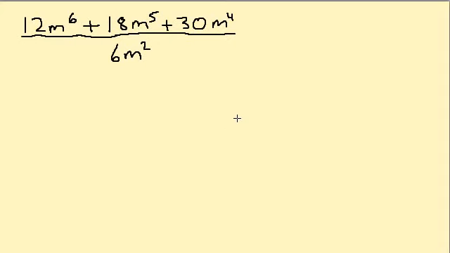Alright, let's look at dividing polynomials. The first example we're going to do is dividing this polynomial by a monomial, a single term.